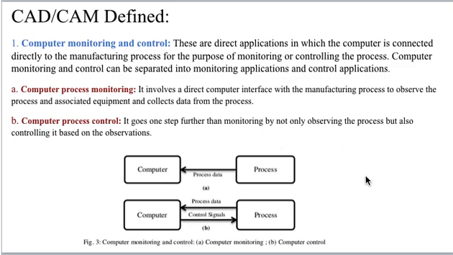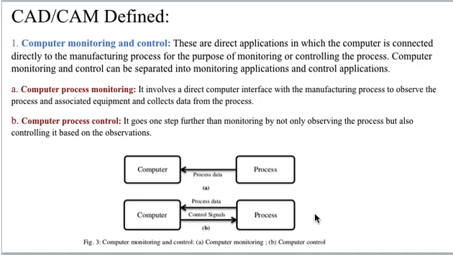The computer is not used to control the operation directly. The control of the process remains in the hands of human operators, who may be guided by the information collected by the computer.